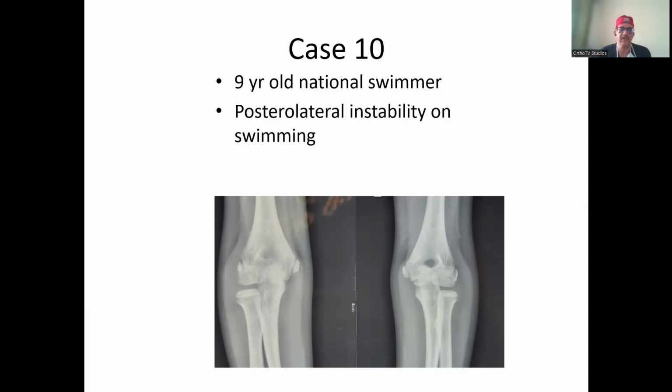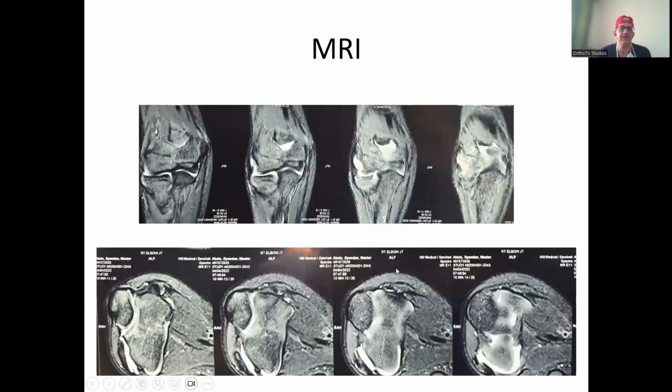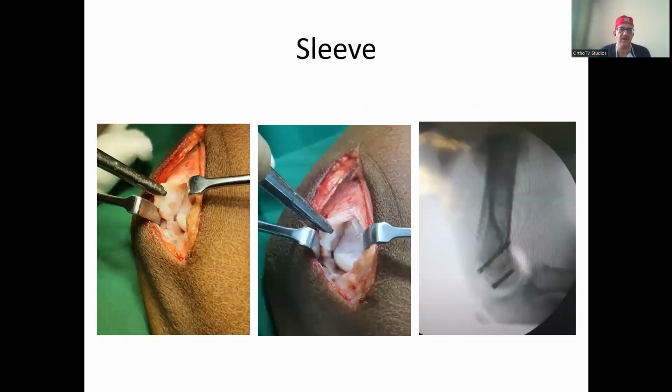Another trash lesion: a 9-year-old national swimmer who had posterolateral instability on doing backstroke. X-ray looked innocuous, and doesn't seem to be anything wrong on the plain X-ray. But if you look closely on the lateral X-ray, there seems to be a small avulsion behind the lateral condyle. Further investigations like an MRI showed that this was a sleeve fracture, an osteochondral posterior capsular sleeve fracture of the lateral condyle.